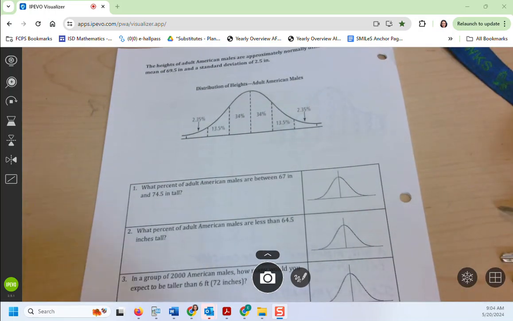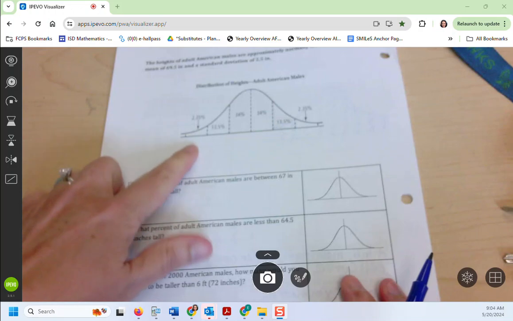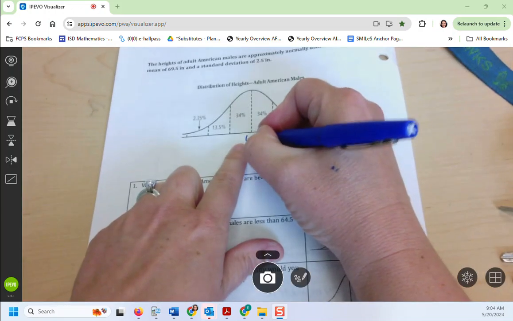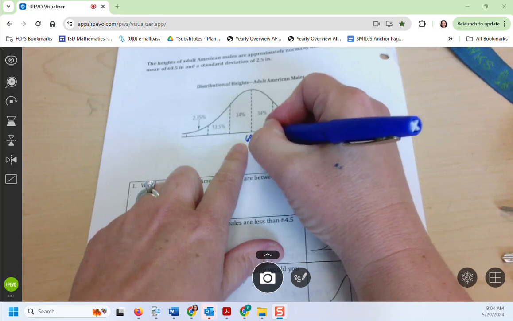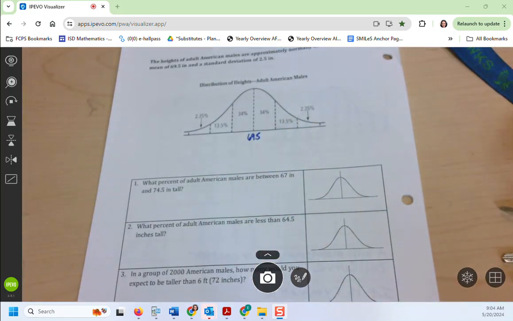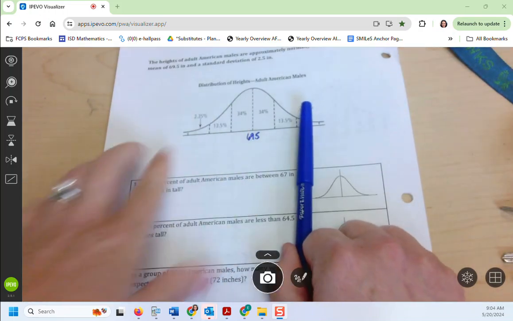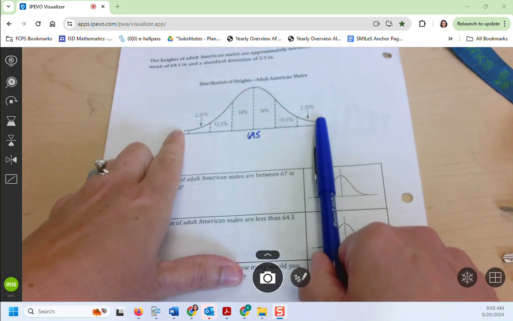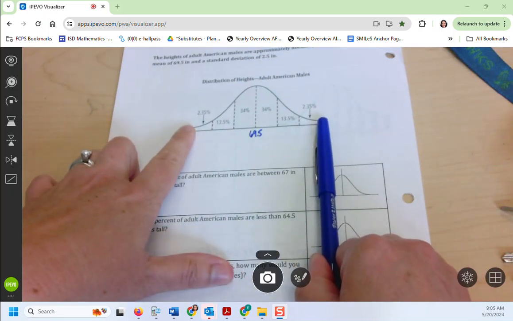So if you're looking at a curve here, the mean height would go in the middle, 69.5. And the normal distribution has 3 standard deviations on each side. So most everybody is within 3 standard deviations above or 3 standard deviations below the mean.